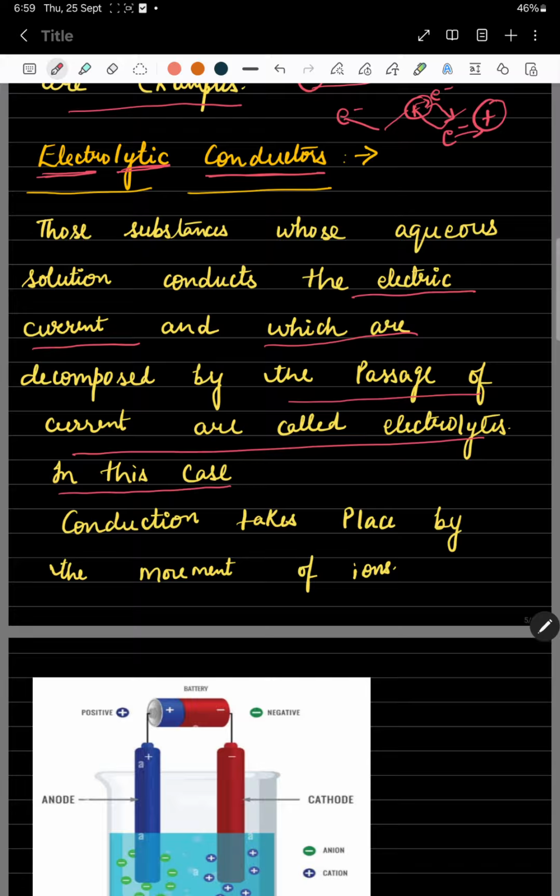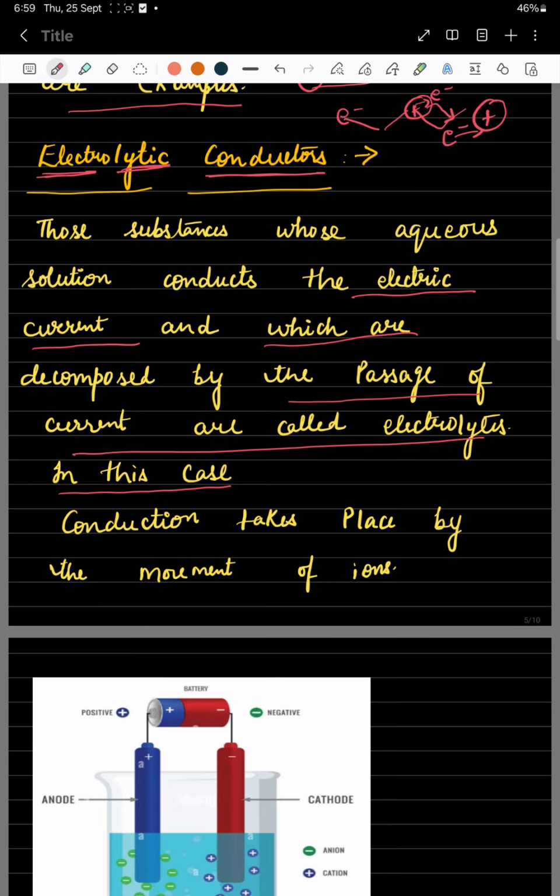So once you pass external electricity, with the help of this lysis process, meaning breaking down of a chemical species, these charge carriers, these ions, are responsible for the electricity conduction. That is known as an electrolytic conductor.